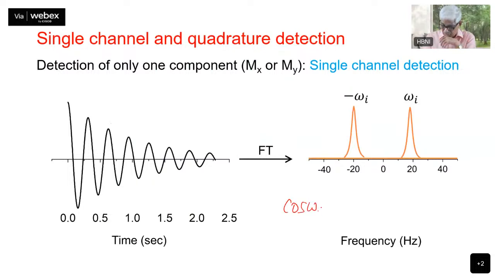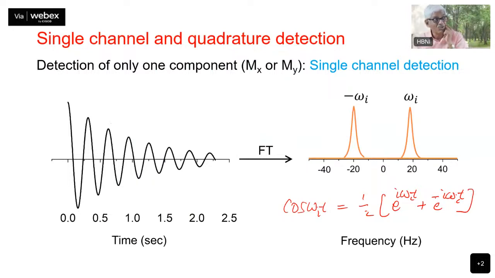Cosine omega_i t is equal to half e to the i omega_i t plus e to the minus i omega_i t. Notice this i is different from this i. This i is the square root of minus 1. This i is the index for the frequency.